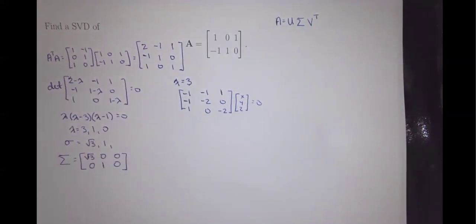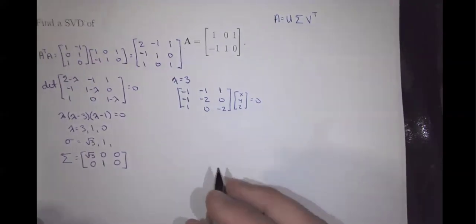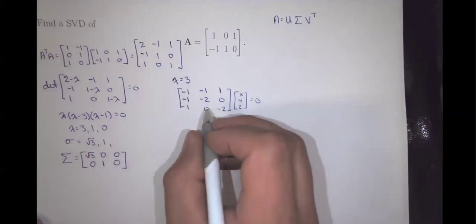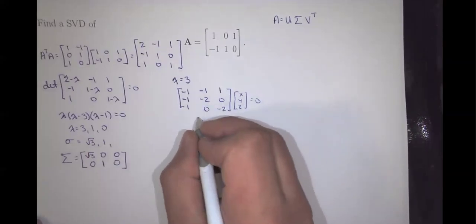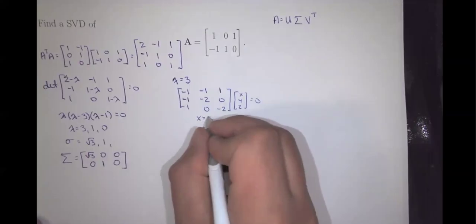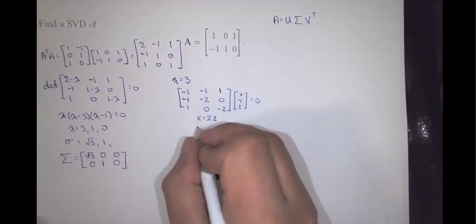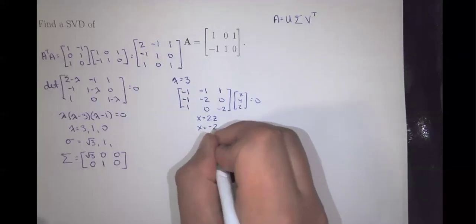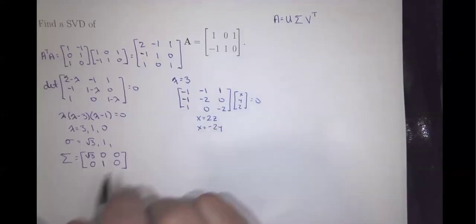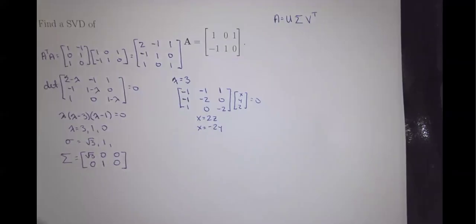The relationships we get here are that x is equal to 2z, x is equal to negative 2y, and of course that x plus y is equal to z.